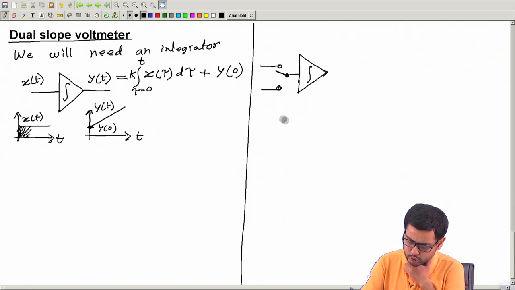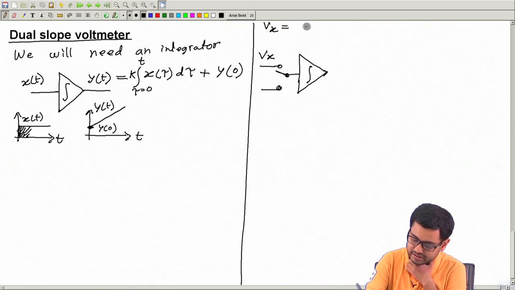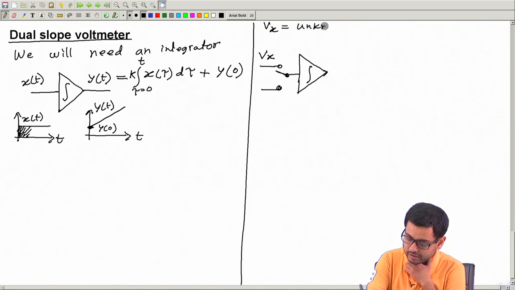Then what I will do? Now, of these two inputs, one of them is unknown. Let me write V x, where V x is the unknown voltage to be measured.